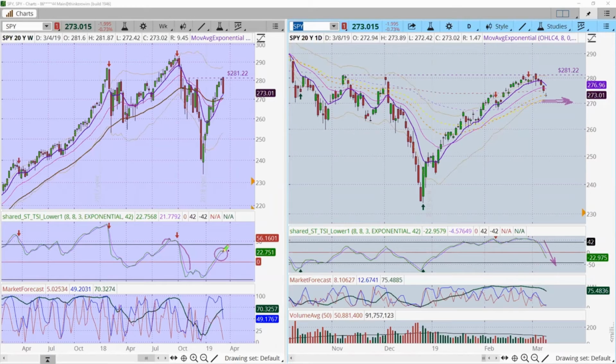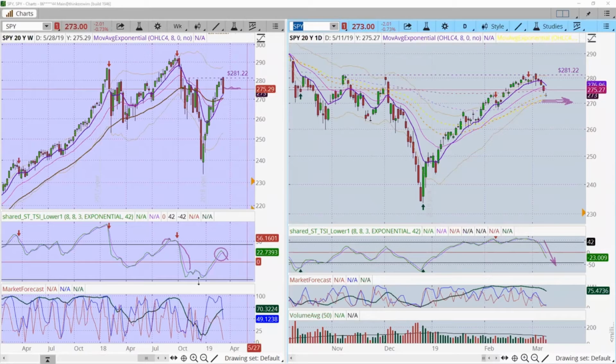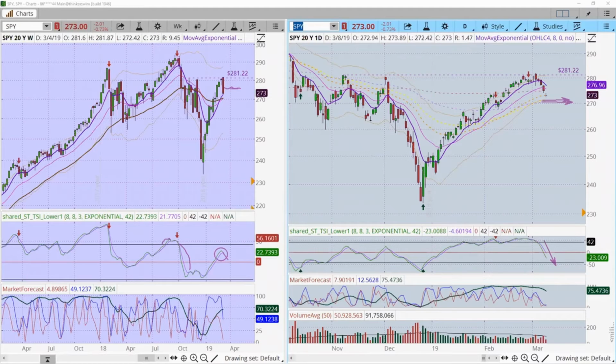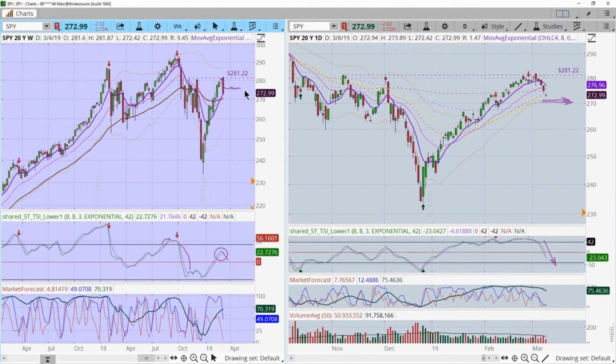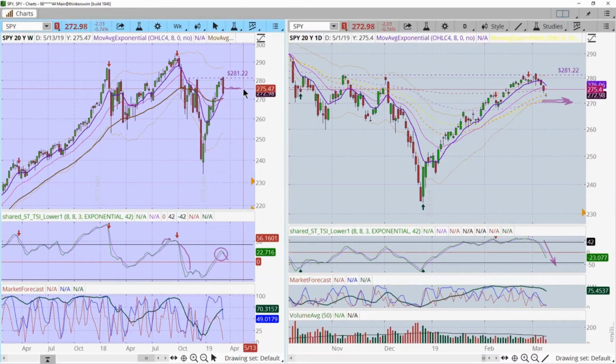Now, if this continues to break down into next week, what I'm looking for is, if I first get a pullback into the midsection of this week's candle, which is a price level of, let me get my pencil, there we go, price action right there about 275-ish.